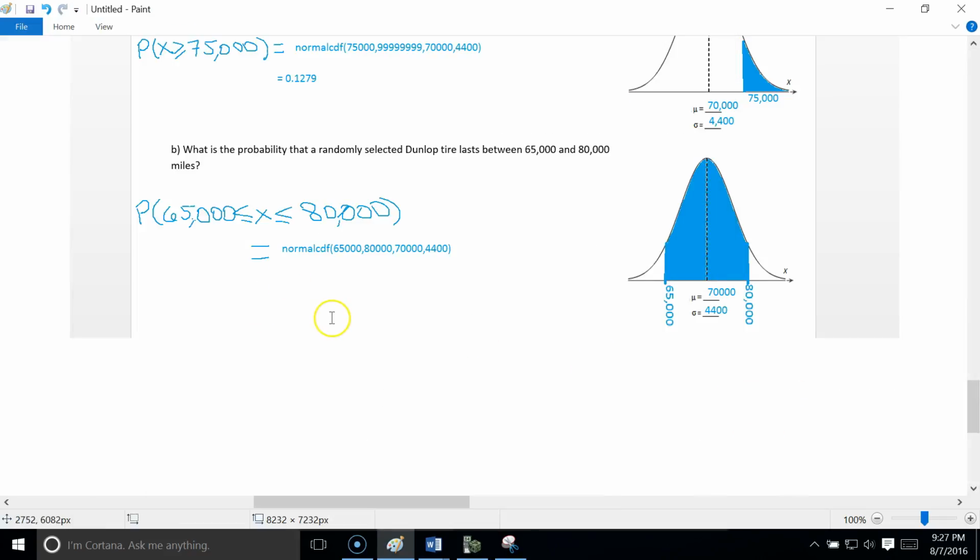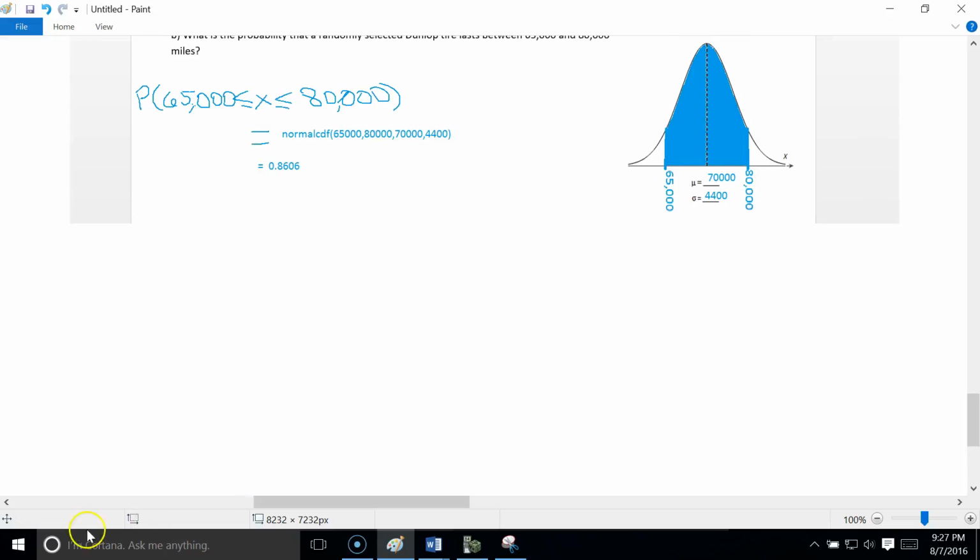Okay, so the answer here is approximately 0.8606, about an 86.06% chance that one randomly selected tire will last between 65,000 and 80,000 miles.